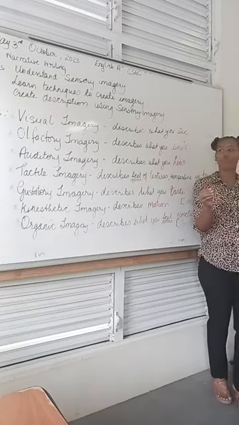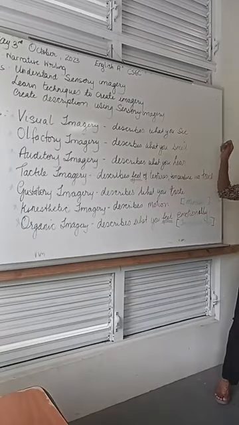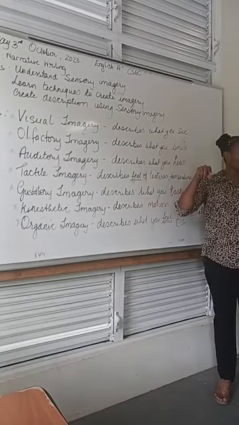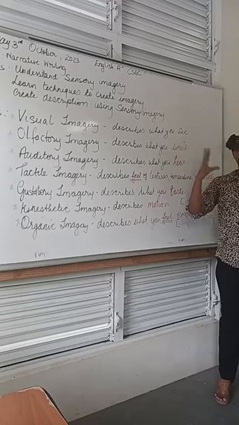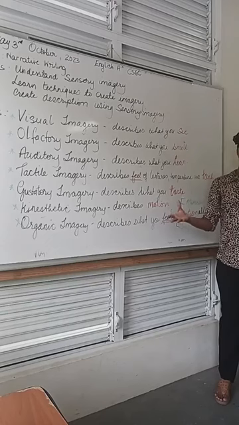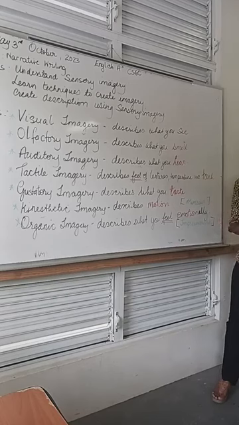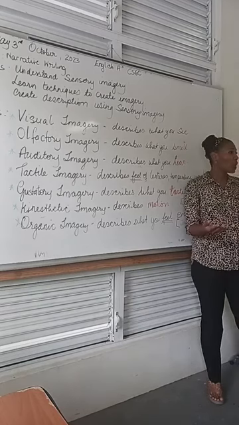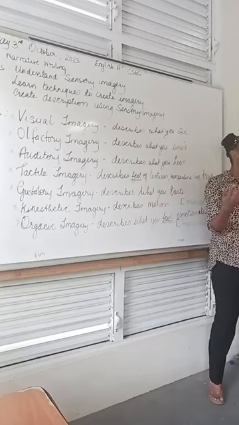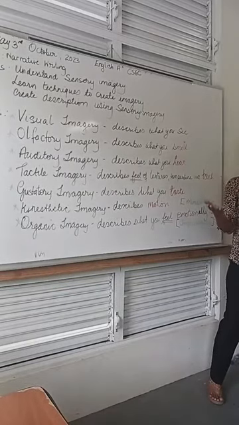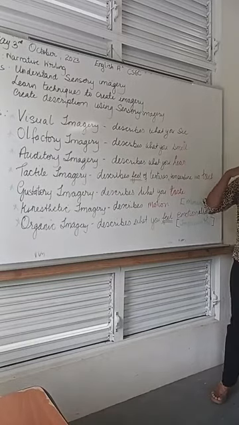That's visual imagery. Olfactory imagery describes what we smell. So you walk into a place, you have to describe the smell of the place if the smell is important, right? You can get an idea whether it is clean or it is untidy, whether it is welcoming, if it is full and stuffy and all of that. You understand describing of smell.